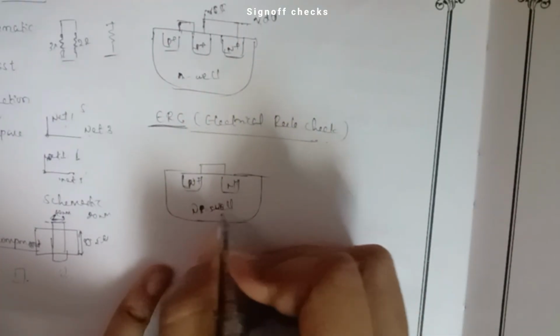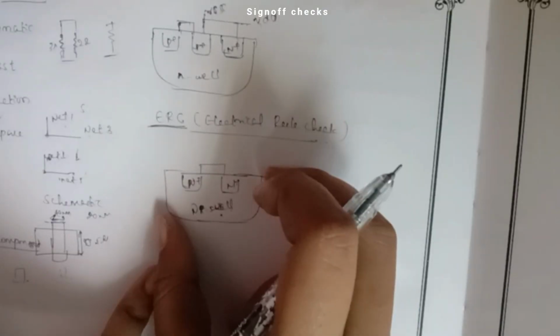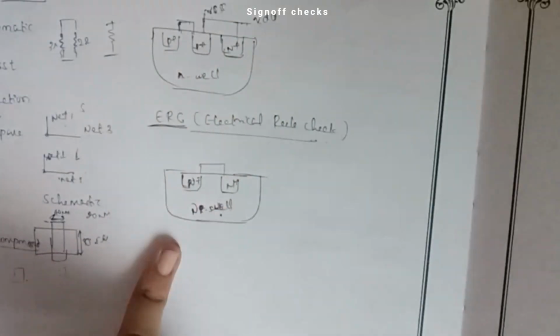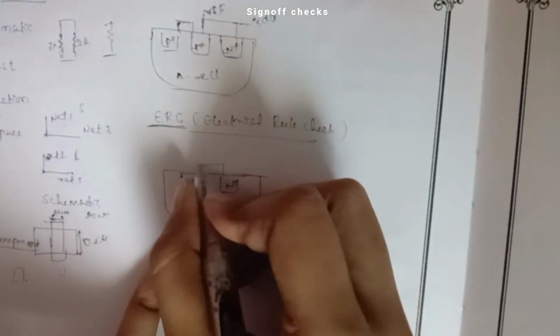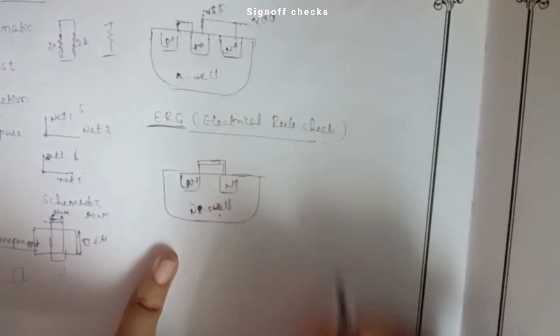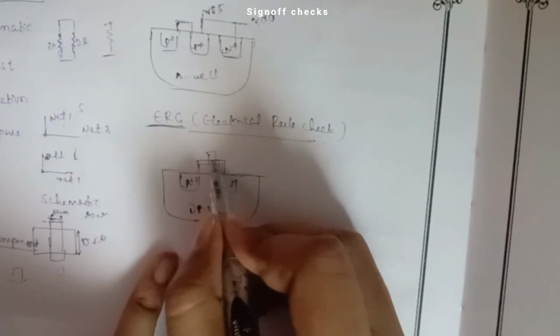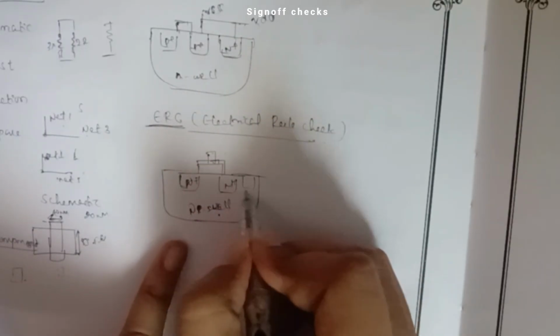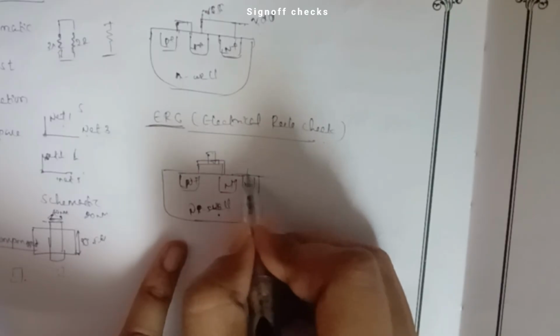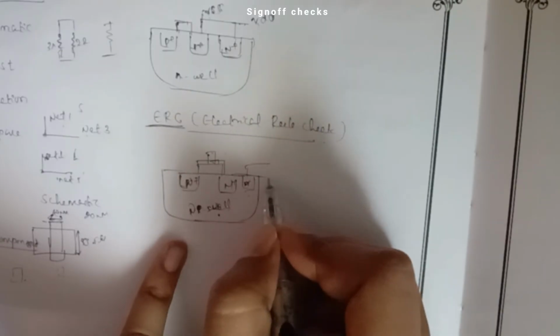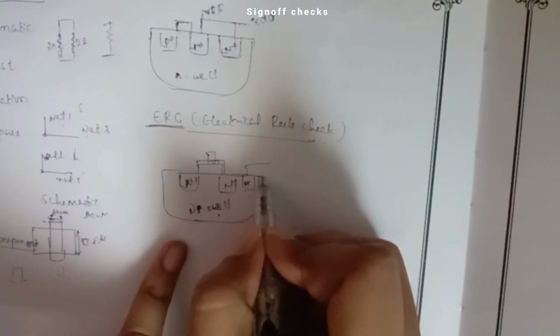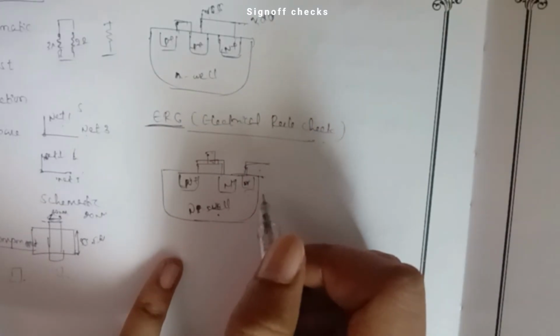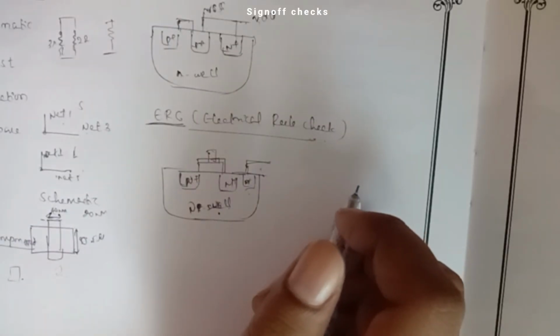Instead of PMOS, if we put NVL, NMOS in NVL, it will give an ERC error. And if we don't connect something to a gate or NVL or PVL somewhere, it will also throw the ERC error because it is floating. This is about the electrical rule check.